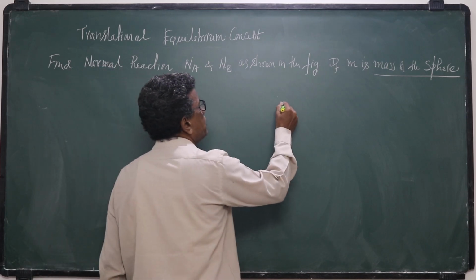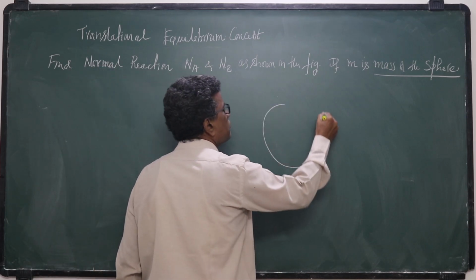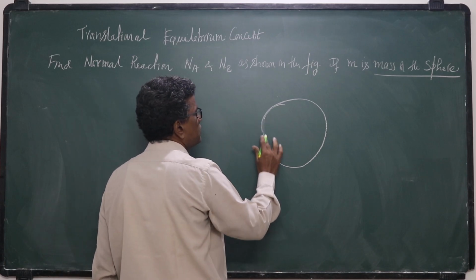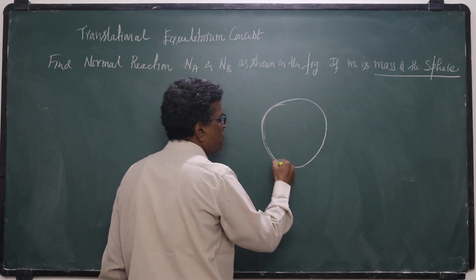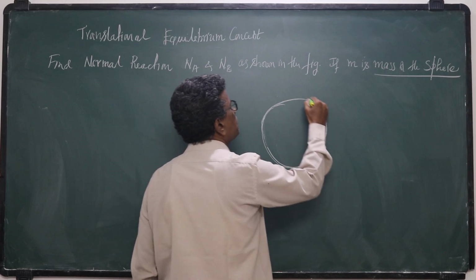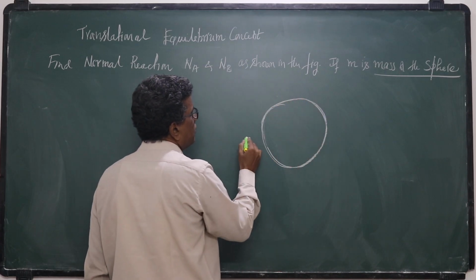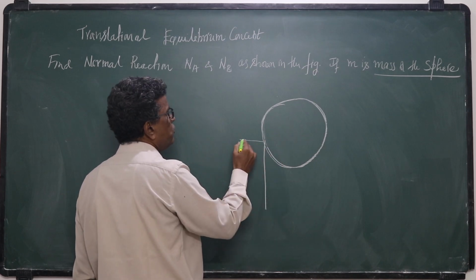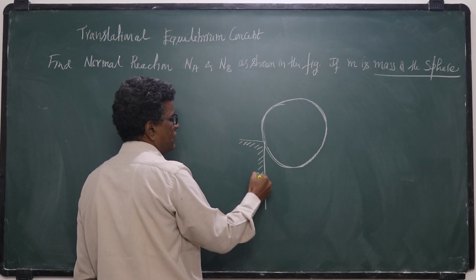Okay. So there is a sphere. Let it be a roller. Let it be a big roller. So this roller is balanced between two cliffs.